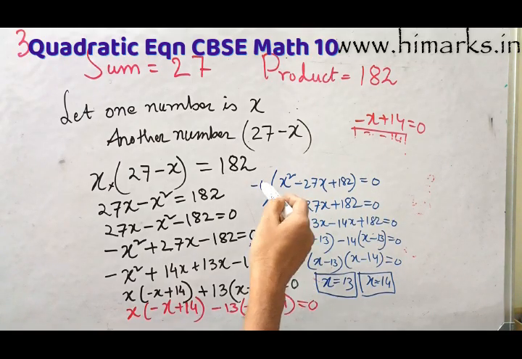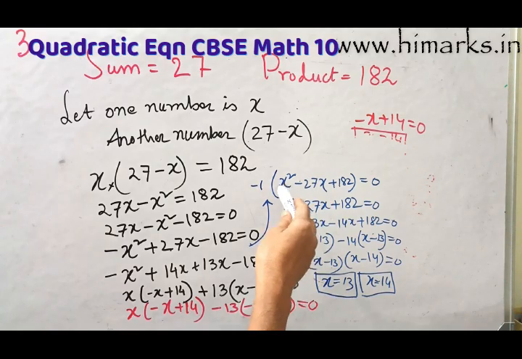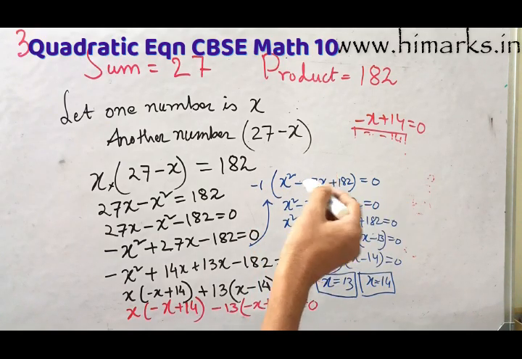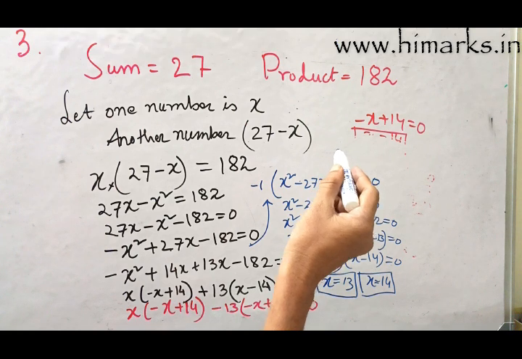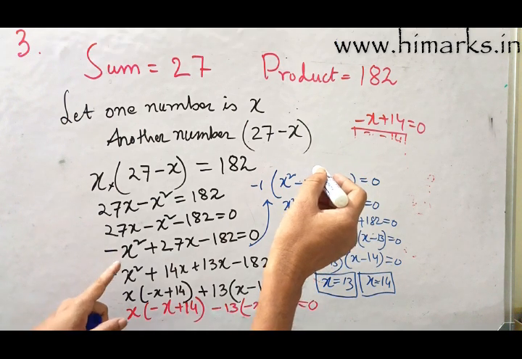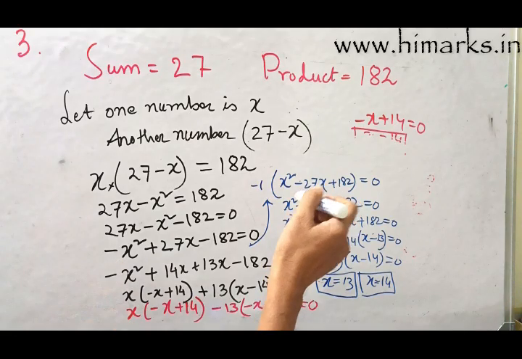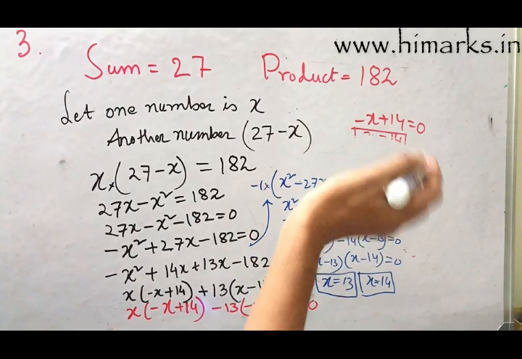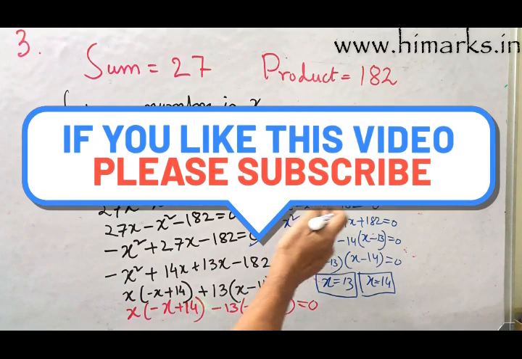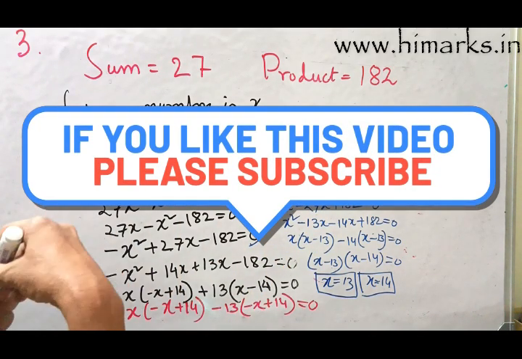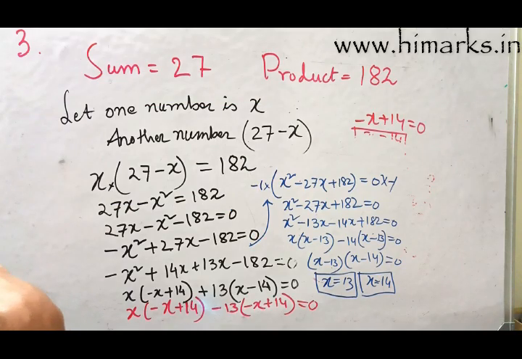So what you have done, you have taken minus common, or you think you have multiplied minus 1 with both the sides. For every number, you have multiplied with a minus 1 here. This side you have multiplied minus 1, this side also you put minus 1. Multiply both the sides. That's all. So this is the number, you will get it.